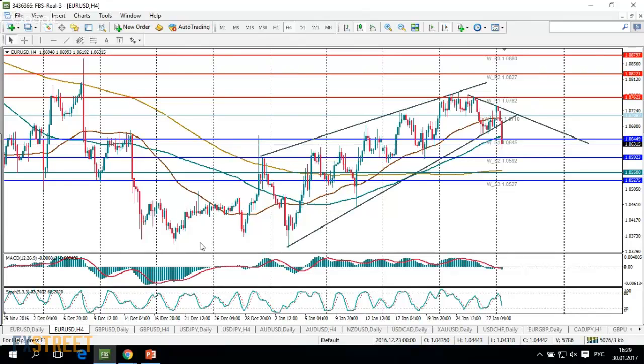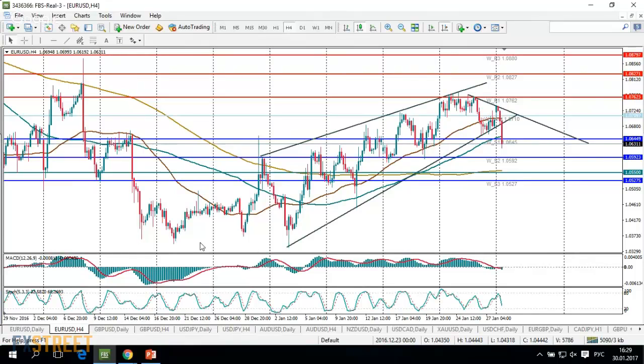The fundamental factors which may allow the euro to get to our downside targets are comments from the ECB President Mario Draghi and probably the euro area's growth and inflation data, which are due on Tuesday.